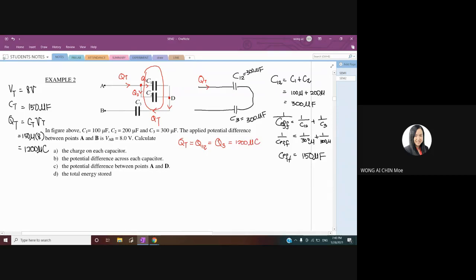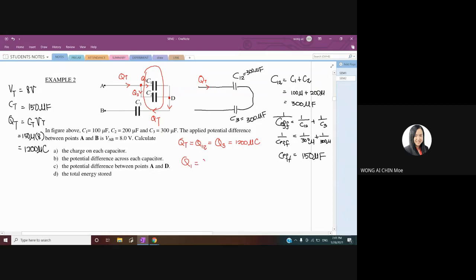So now we have Q3. How about Q1 and Q2? Before that, we must first find the potential difference across C12.